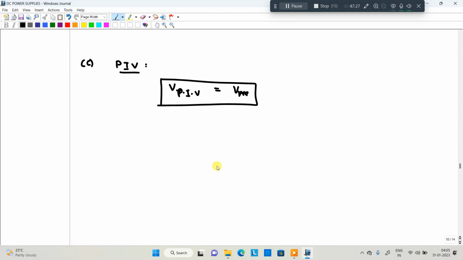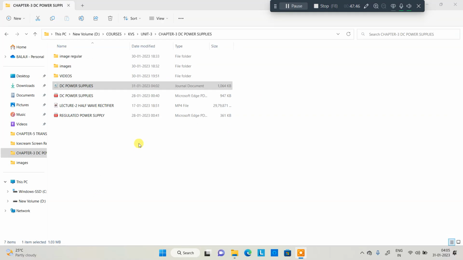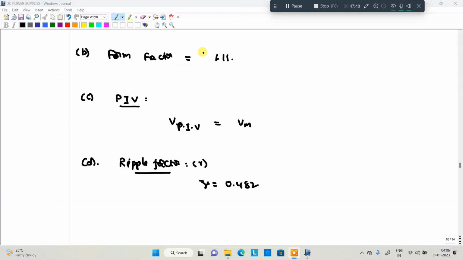Next, coming to the ripple factor. The ripple factor, gamma, I am directly giving as 0.482. Everything else is the same for the previous case and this particular case. So the ripple factor is equal to 0.482.